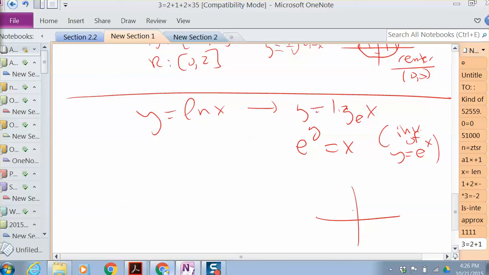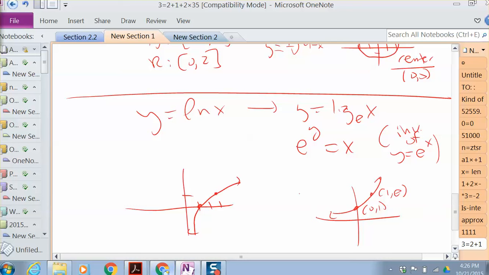Well, y equals e to the x, you know, again, was that, right? So for the inverse, you switch x and y, right? 1, 0, and e, 1. e is about 2.7.